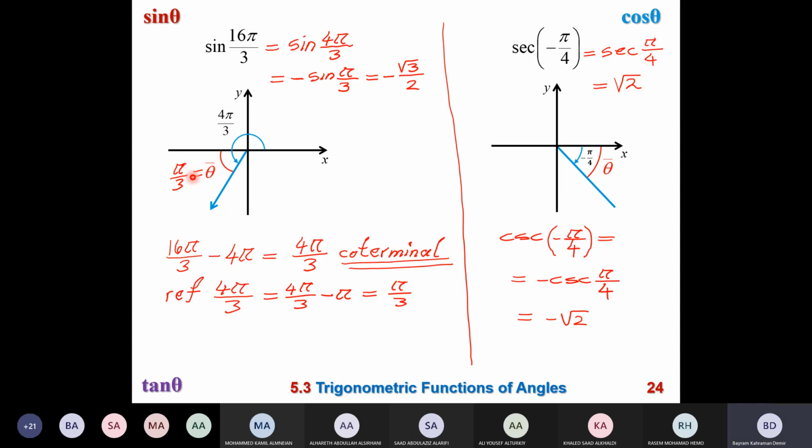So this is the reference of 4 pi over 3. Is the sine function negative or positive in the third quadrant? Negative. So I multiply by negative sine pi over 3, which is negative root 3 over 2. So sine of 16 pi over 3 is the same as sine of 4 pi over 3, which is equal to negative root 3 over 2.